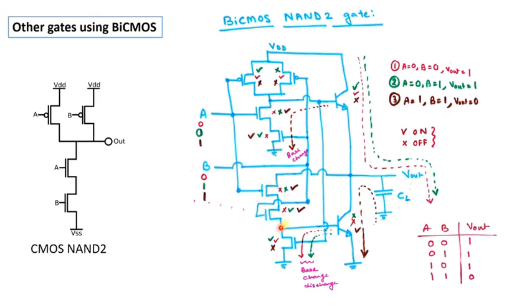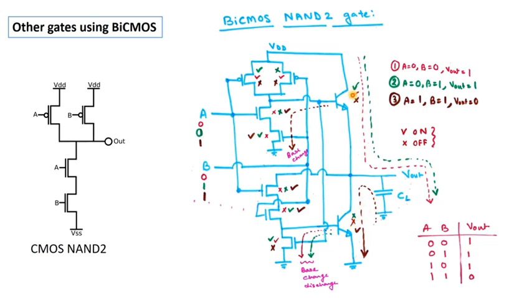As these two NMOS are off, what about this BJT? This BJT will be off. What about this BJT? As these two transistors are on, high current is flowing through here, so this BJT is on. So this BJT is on, this BJT is off, as indicated in red. Please follow the same color.